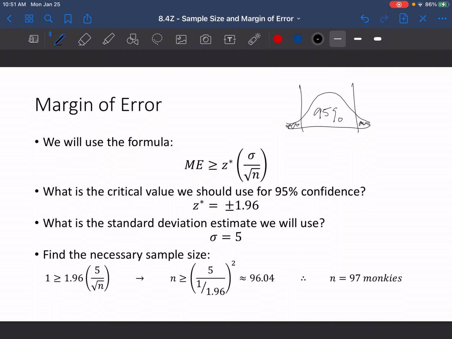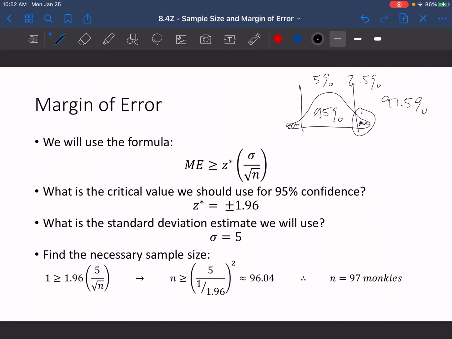The two tails combined represent the other 5% of our total area. But when we're plugging this into the calculator, we only want half of that 5%, or half of that tail, and half of 5 gives us 2.5%. So we're actually finding the area of 97.5% instead of 95%, because 95 plus 2.5 gives us 97.5.